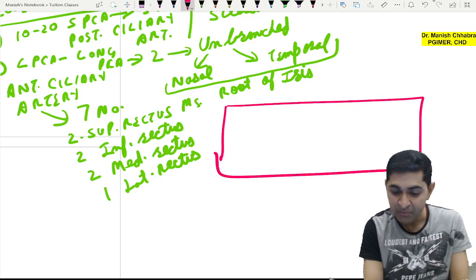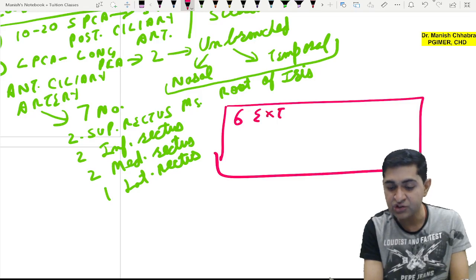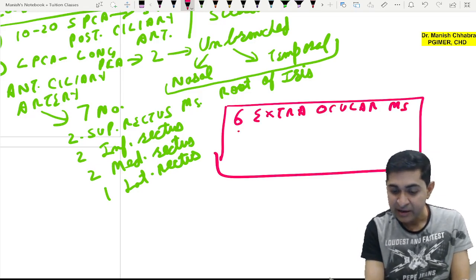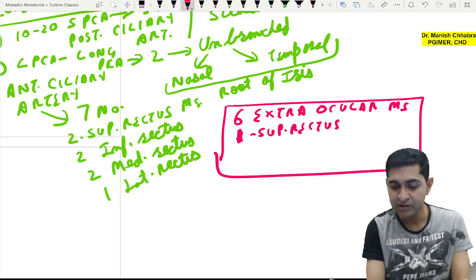So there are 6 extraocular muscles. One is your superior rectus, another is your inferior rectus, then medial rectus, then lateral rectus.